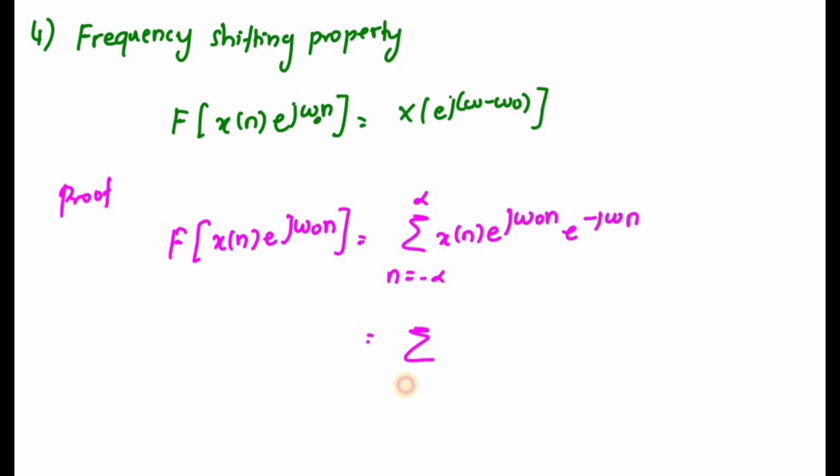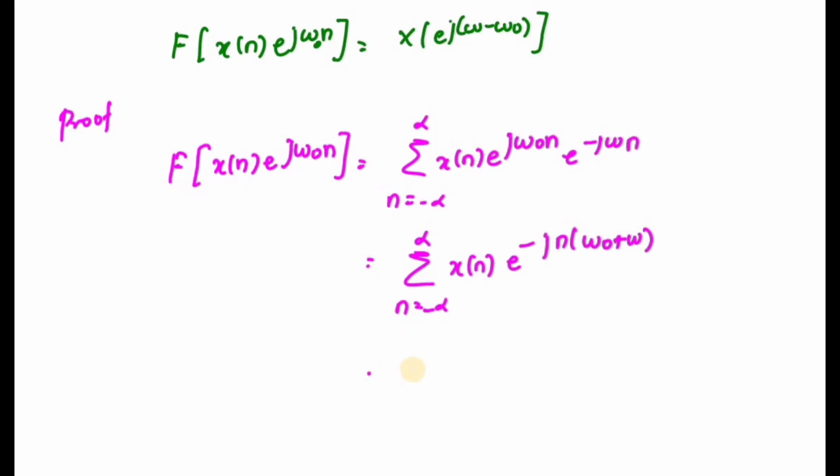So I can write this as the summation of x of n e power minus j n times (omega minus omega naught).